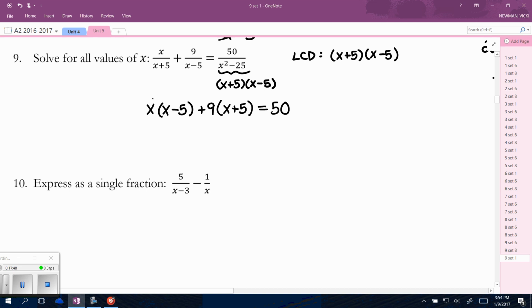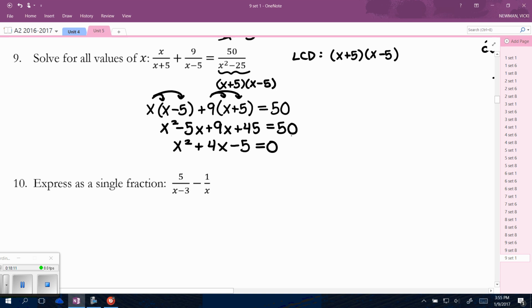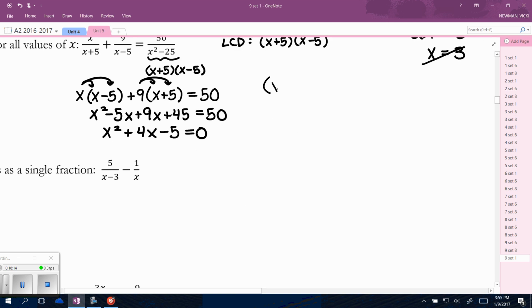So we get, let's see, trying to squeeze this in here is going to be kind of tricky, right? x squared minus 5x plus 9x plus 45 is equal to 50. So x squared plus 4x, subtract the 50 over, so minus 5 equals 0. Two numbers that multiply to be negative 5 and sum to be 4 are positive 5 and negative 1. So x is equal to negative 5, and x is equal to positive 1.